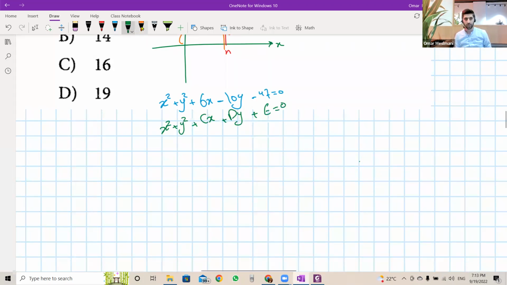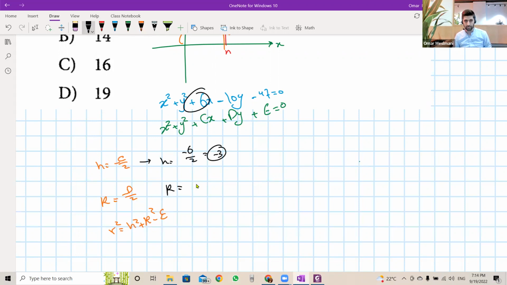You remember what I told you, the formula: H equals minus C over 2. K equals minus D over 2. R squared equals H squared plus K squared minus E. H equals minus C over 2, and C is 6, so minus 6 over 2, which is negative 3.